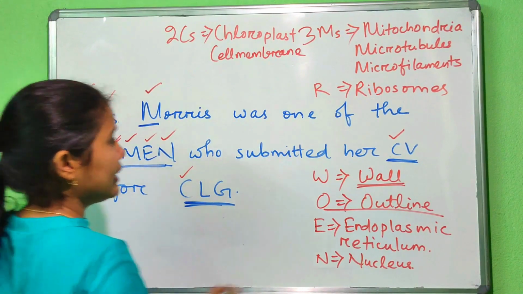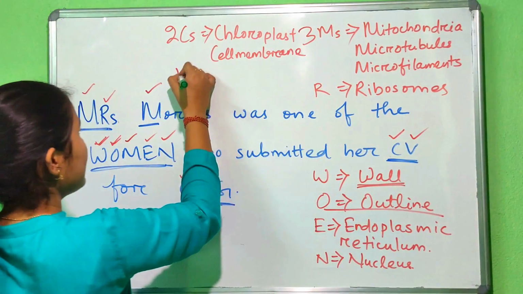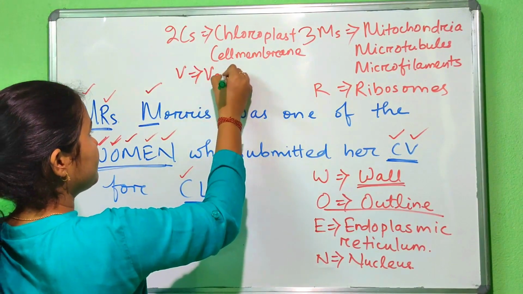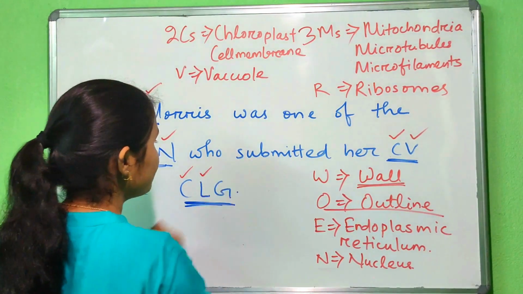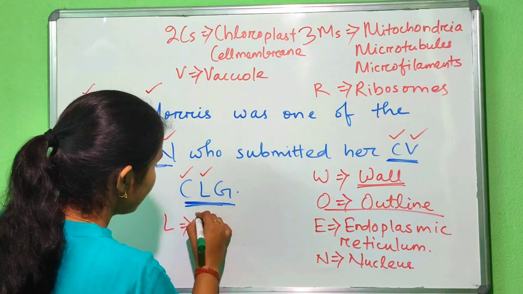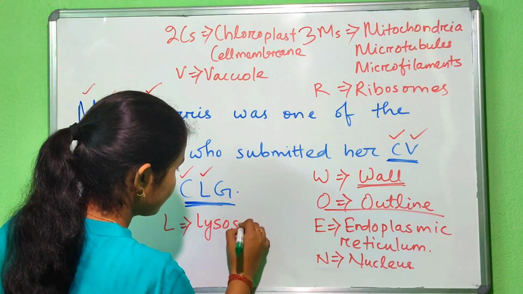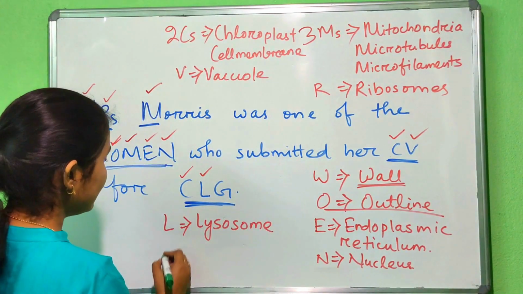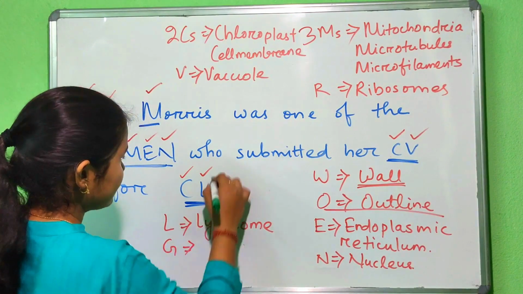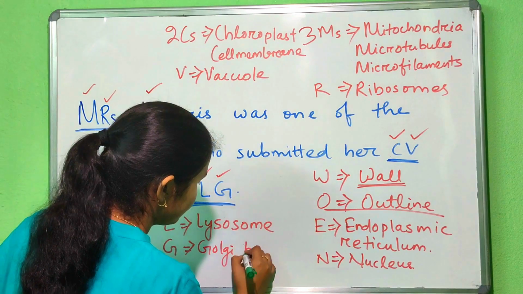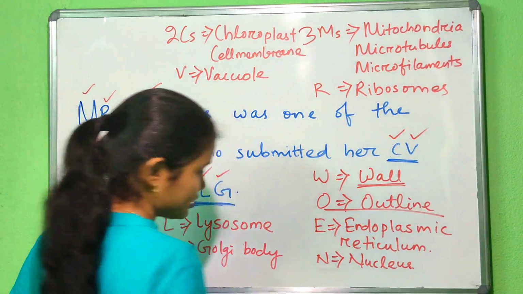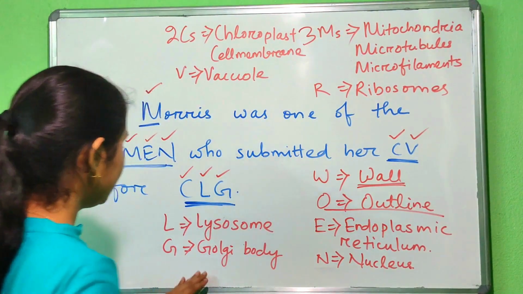Then come to V. V is for vacuole. Then come to L. L is for lysosome. Then G. G is remaining, right? G for Golgi body. Some also say Golgi bodies, but it's okay.